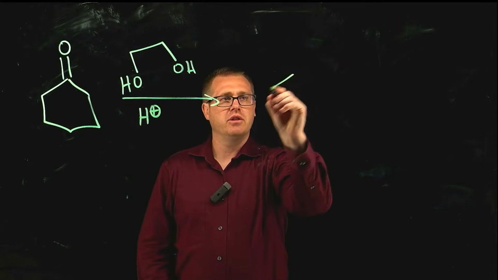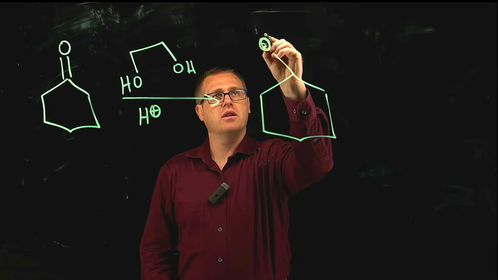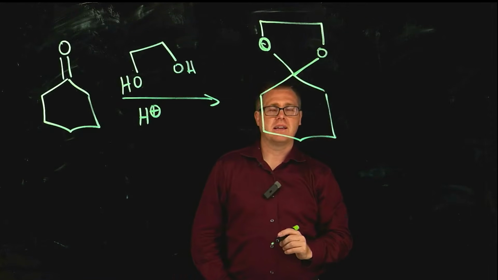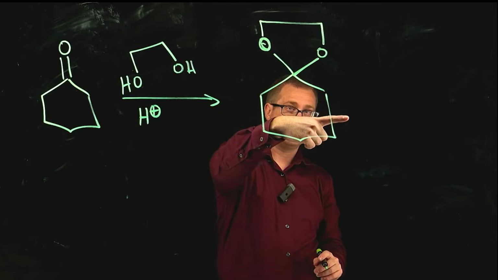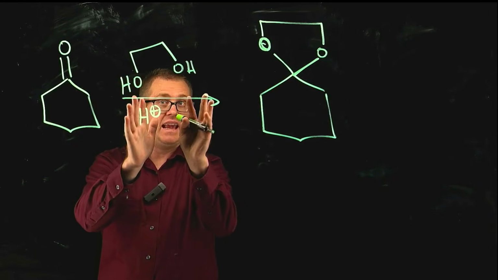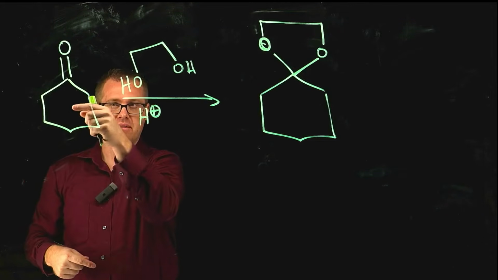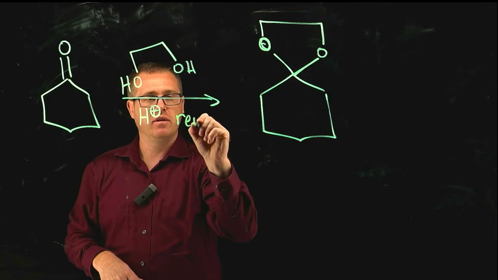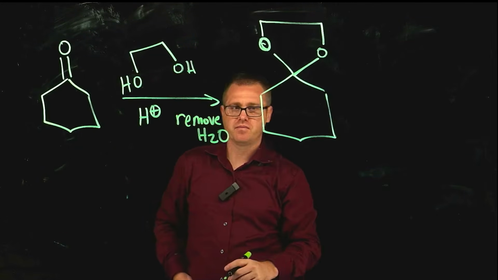This would then turn into, there's our oxygen, oxygen, boom. And there's our ketal. Now, if we want to go in this direction, what are we supposed to do? Because remember, if we just leave it as is, then the reactant is favored. Equilibrium says, hey, this way. So if we want to go this way, we have to remove water. So it goes that way.